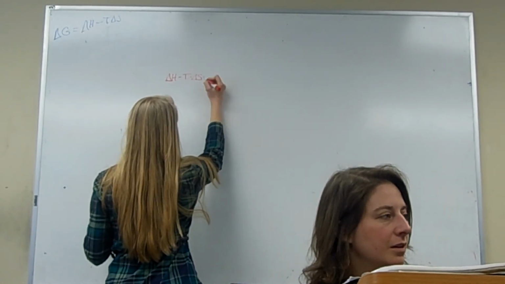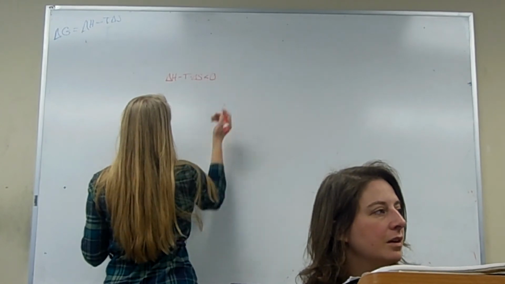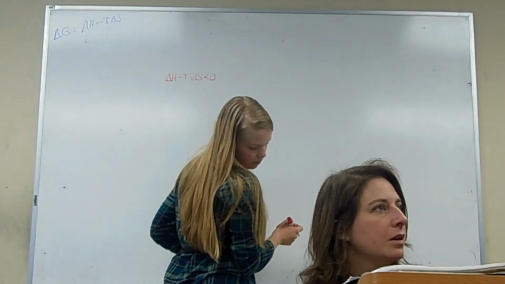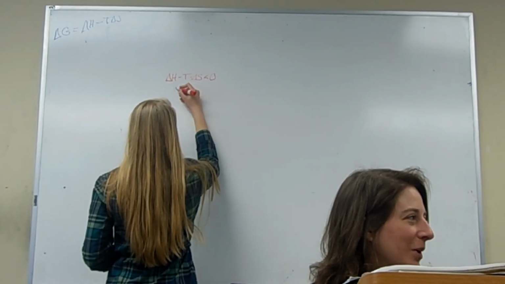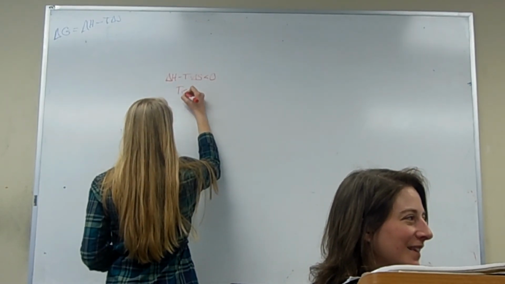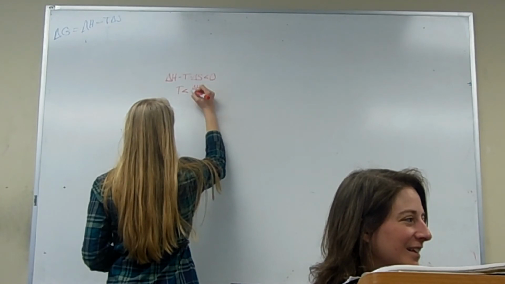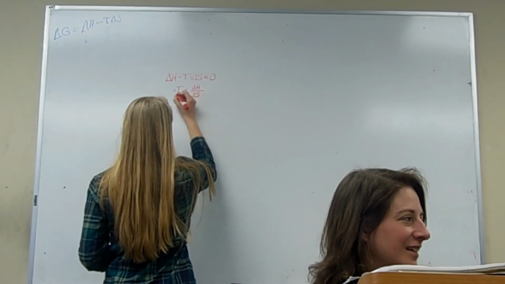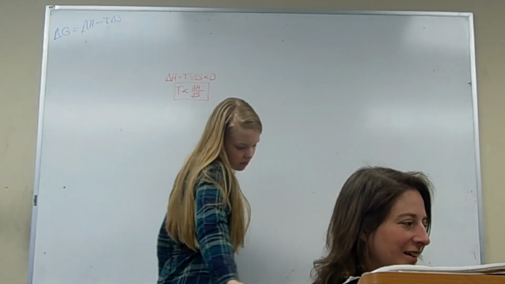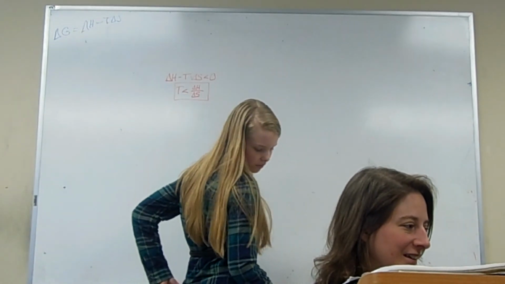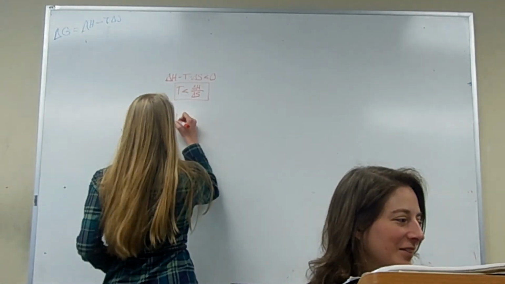So exothermic will be lower, like a negative. Entropy will, tell me again, my brain is not working. A negative entropy would be an increase in disorder, or a decrease in order, which can confuse you.